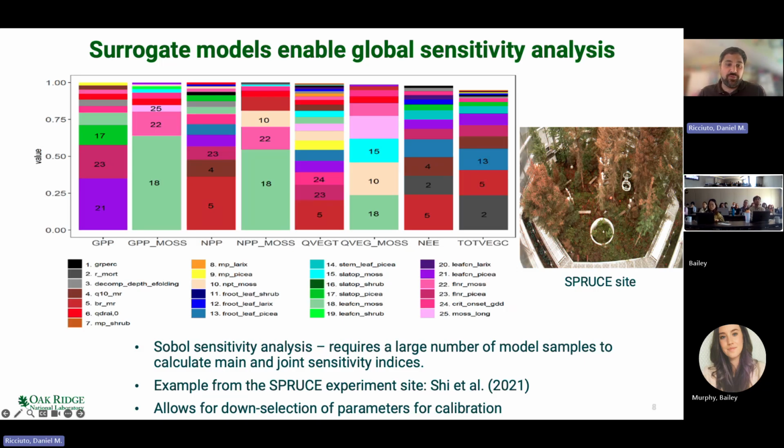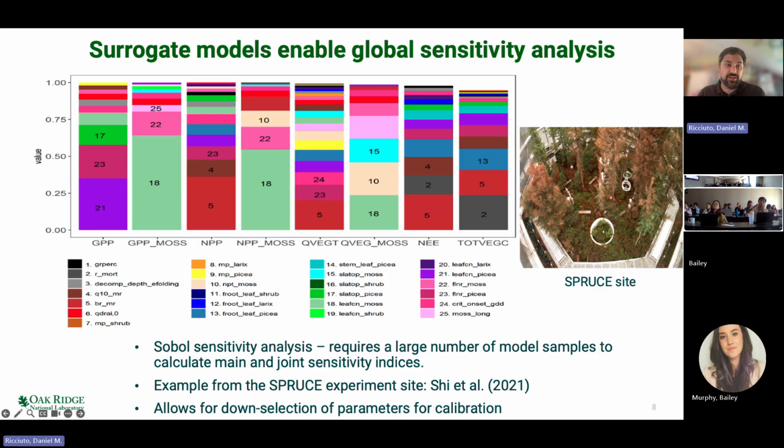This here is an example from the SPRUCE experiment site that's published in this paper listed here. Within these experimental enclosures, we have multiple plant functional types. We have experimental treatments, and so we really wanted to understand what parameters are driving the variability in model outputs. For example, on the left, we can see GPP and what parameters.